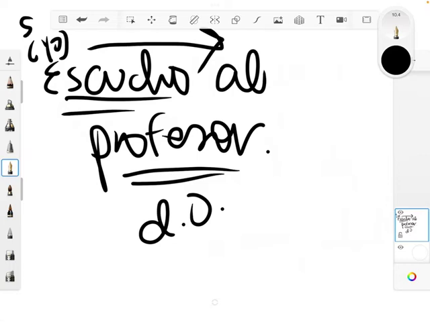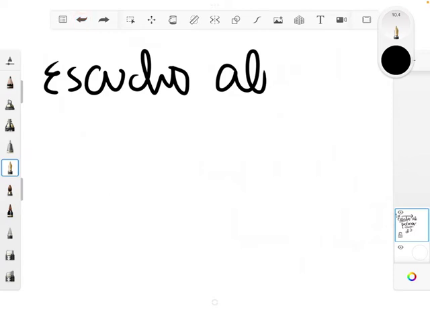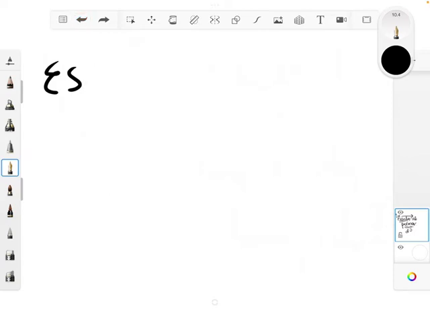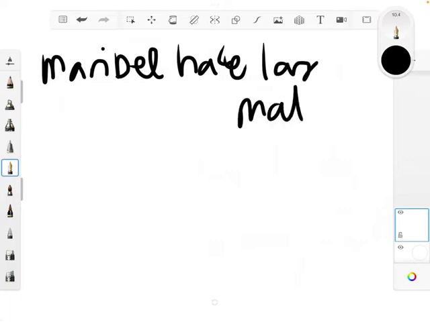Okay. Direct object pronouns replace the direct object nouns. So, like in English, Spanish sometimes uses a direct object pronoun to avoid repetition. So, in the example, Maribel hace las maletas.